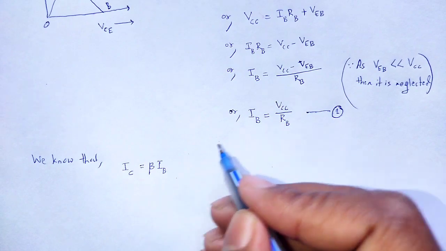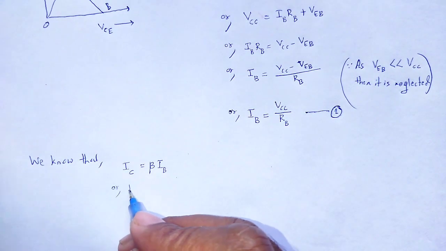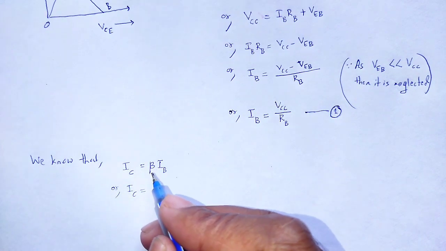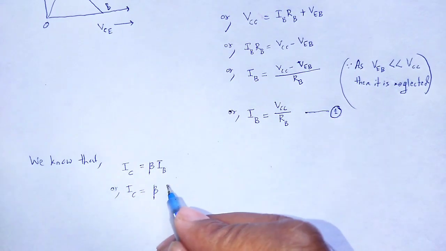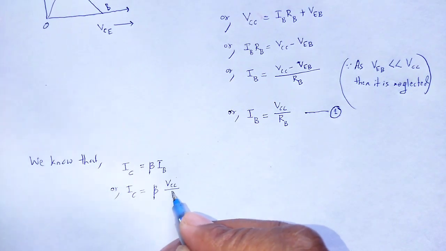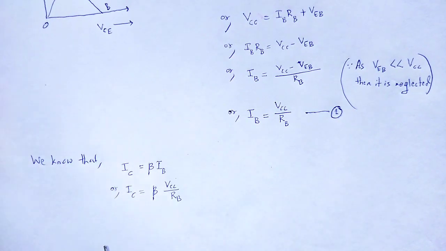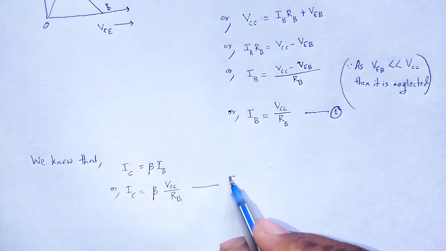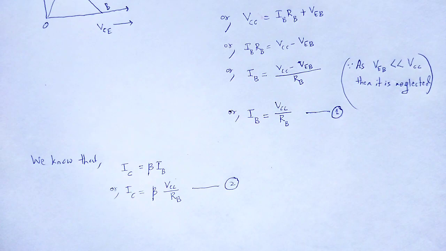Now the value of IB can be put here. Therefore, IC is equal to beta times VCC divided by RB, where beta is the amplification factor. It is the value of IB.